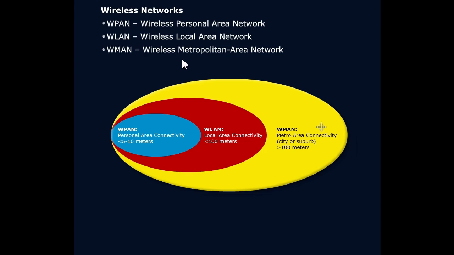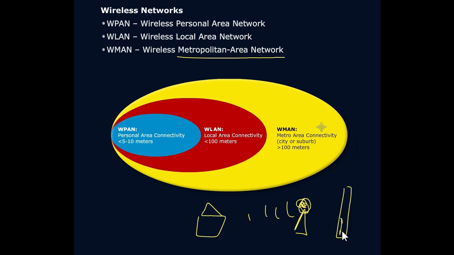But then we get to the metropolitan area network, and now we're scaling out even larger. So with a wireless metropolitan area network, now we're talking about access points that are radiating out to maybe a house or a building that's available to then allow a localized antenna there to enable the feedback to then work into a local area network within it.